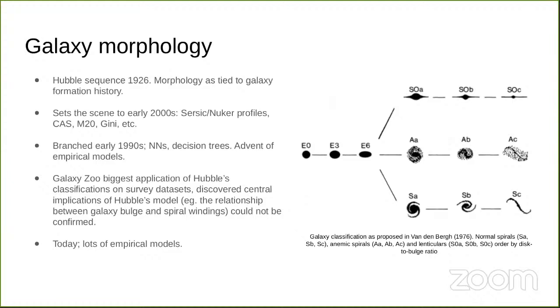It wasn't until the late 90s that this scene started to change, with the advent of big enough computers and techniques like neural networks and decision trees, which were really prominent in astronomy back then. The idea there was to flip the model on its head.